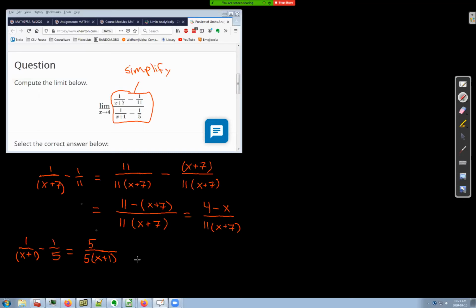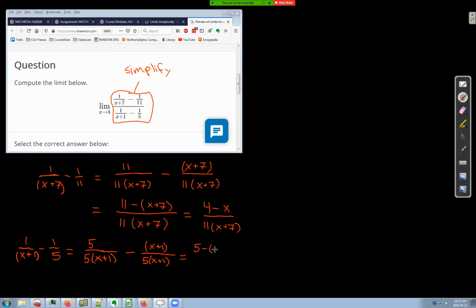All right, and then we're going to subtract. Okay, now I have to multiply the top and the bottom of this fraction by x plus 1. So that'll give me x plus 1 in the numerator divided by 5 times x plus 1 in the denominator. And okay, now there's a common denominator, so I can do the subtraction in the numerator.